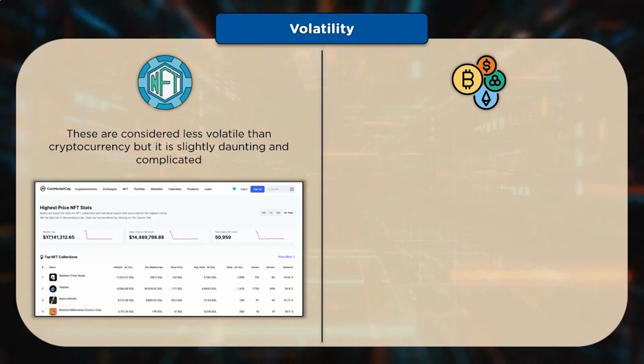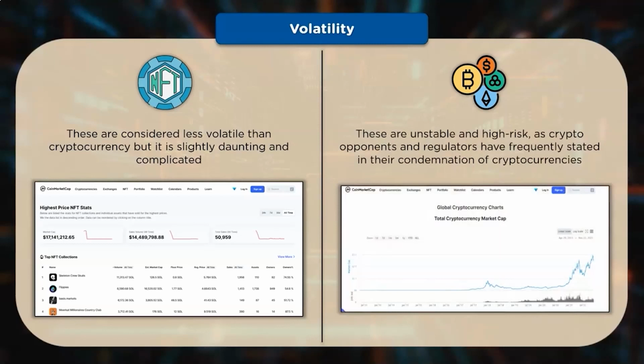But cryptocurrencies in particular are regarded as high-risk investments, as crypto opponents and regulators have frequently stated in their condemnation of cryptocurrencies. However, certain cryptocurrencies have been created with the intention of being more stable than others. And also, high risk comes with high rewards.